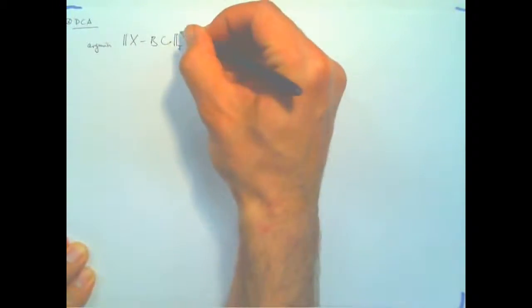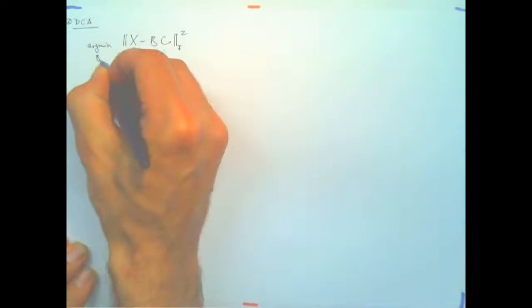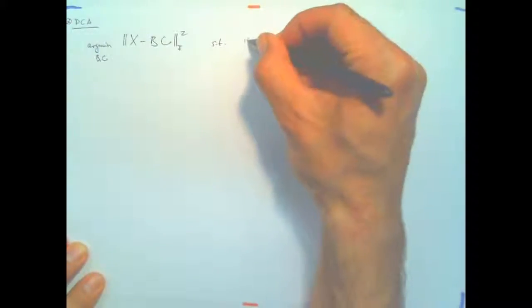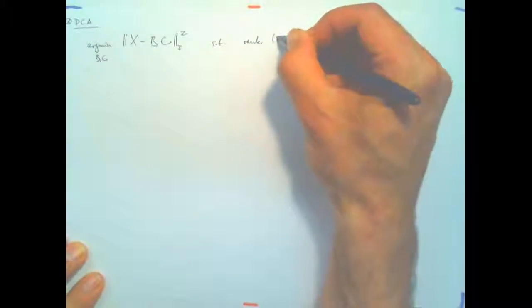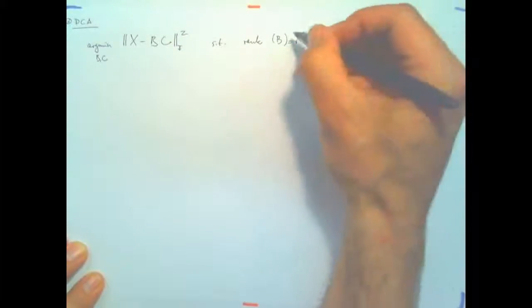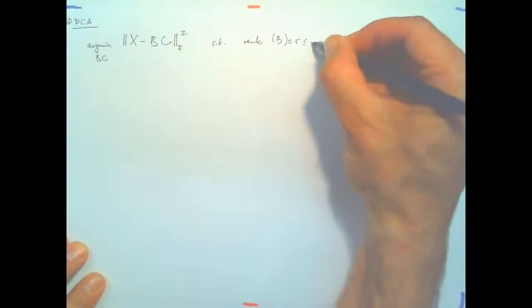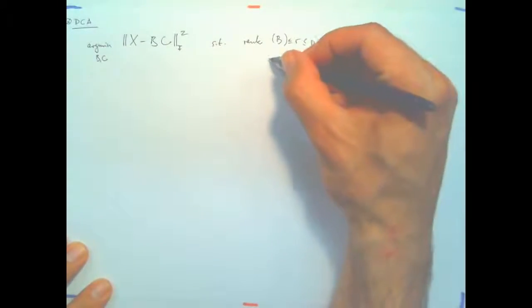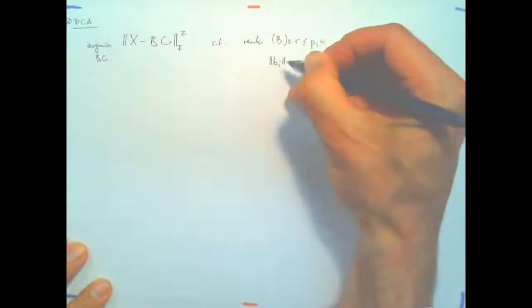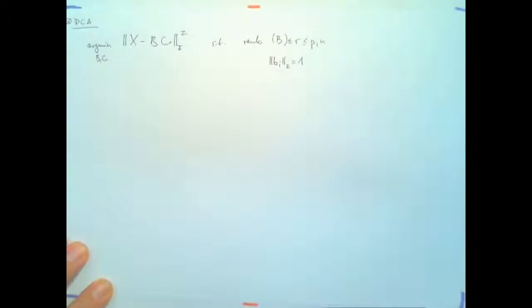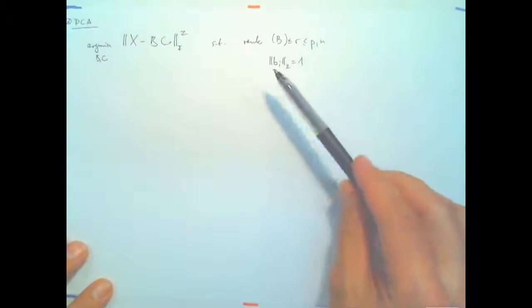I want to minimize that over B and C, subject to the following constraints: that the rank of B should be at most R, which is again user specified, and this time R must be no larger than P or N. And secondly, I want each of the basis vectors to have unit norm.